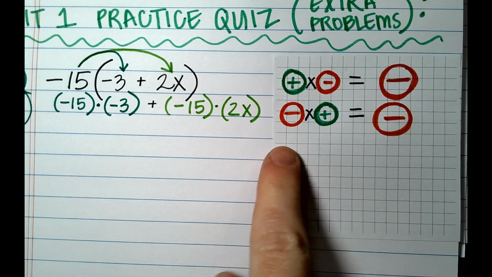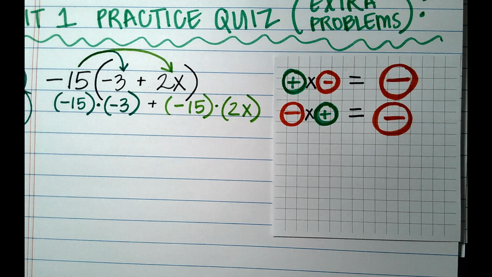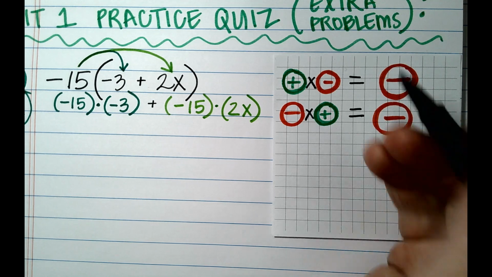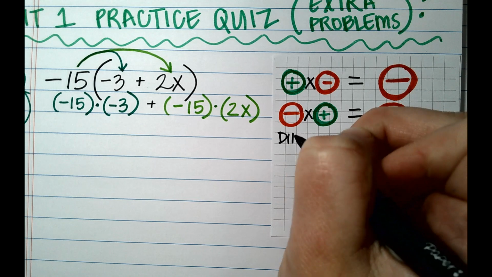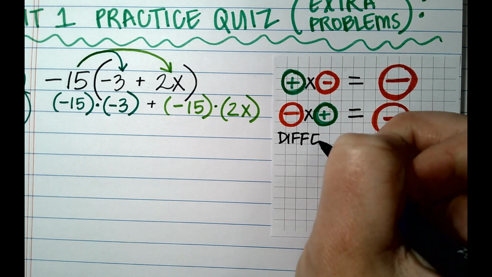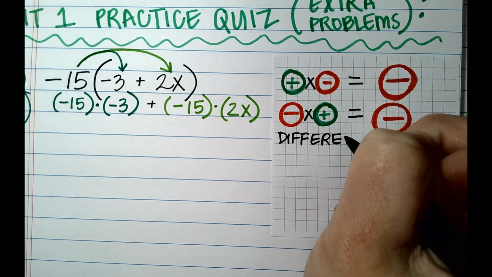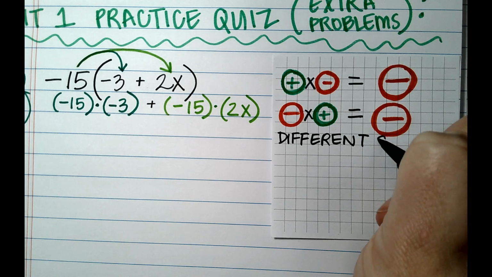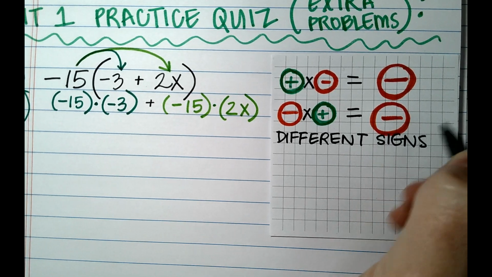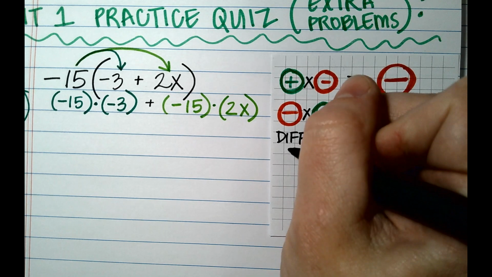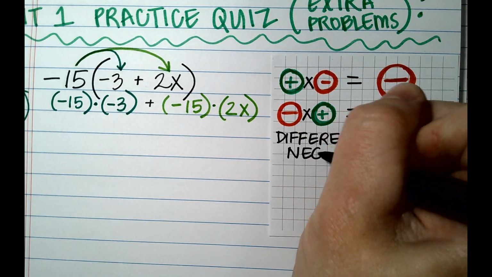So when we multiply and we have different signs, doesn't matter which one comes first, different signs give us a negative answer. Different signs equals negative.